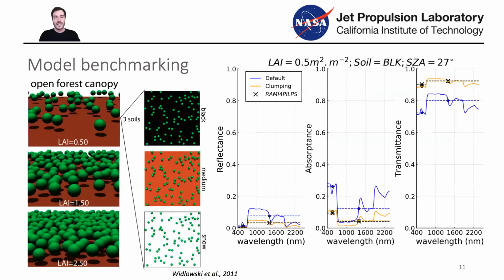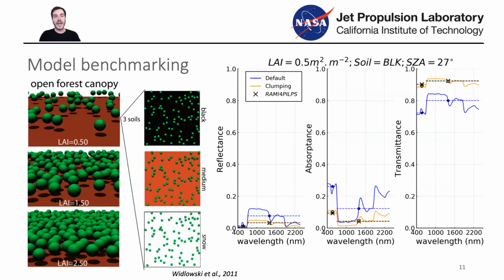So the question is, can we use now the same clumping index parameterization scheme to account for three-dimensional heterogeneity of canopy architecture, but hyperspectrally now, instead of solving the problem for two broad bands?